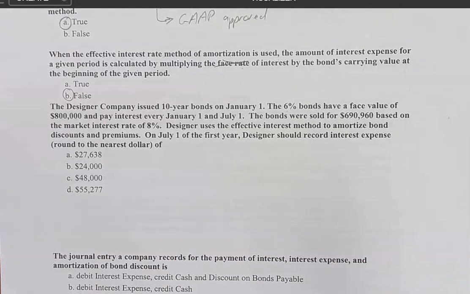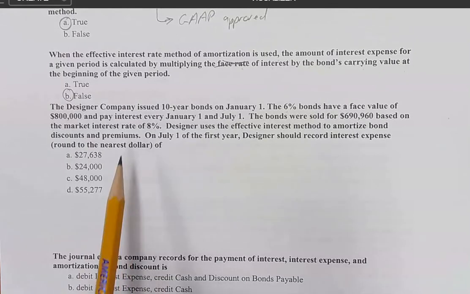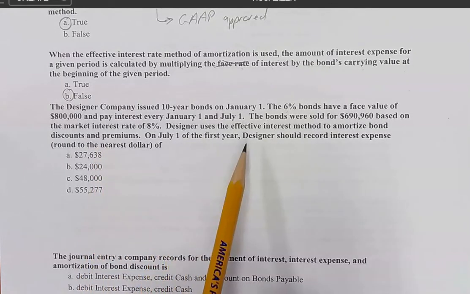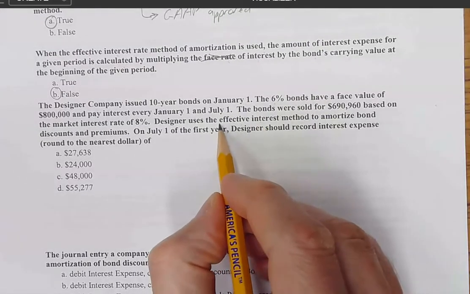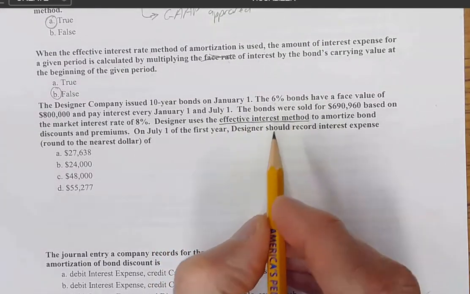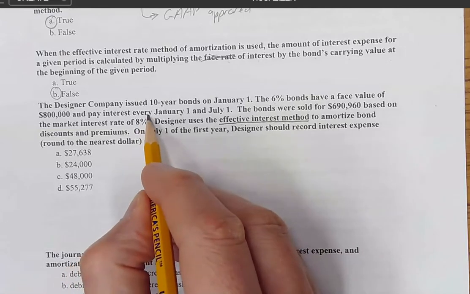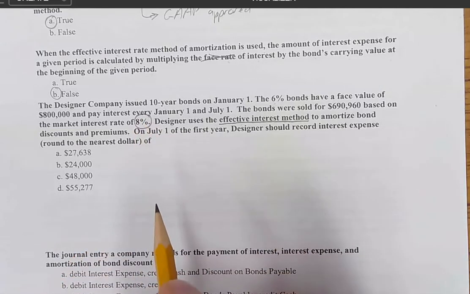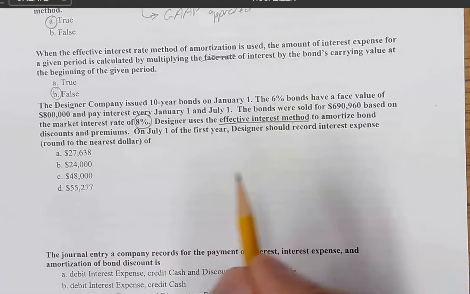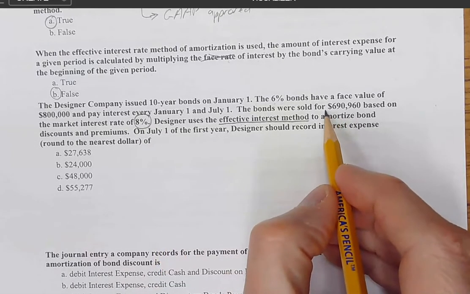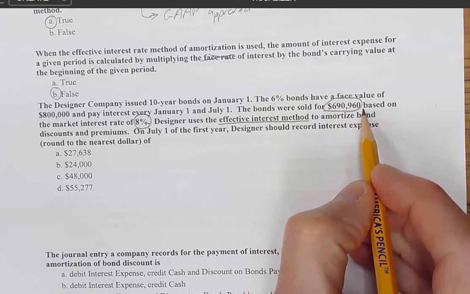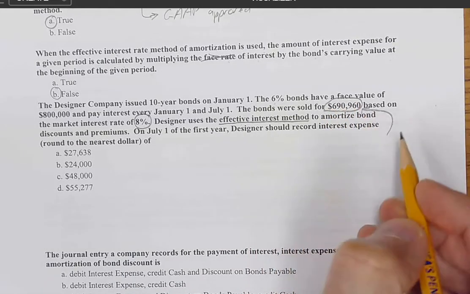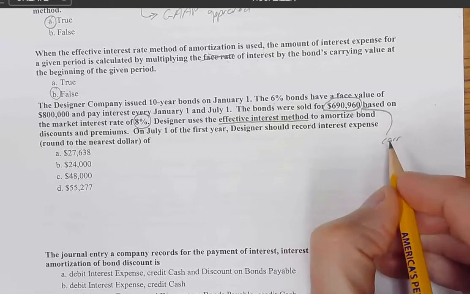So we need to know what numbers we're going to use. When we use the effective interest method right here, I'm going to go ahead and underline that. We're going to be concerned with the market rate of interest. Okay? Their carrying amount at the beginning of the year, this is our carrying amount here.